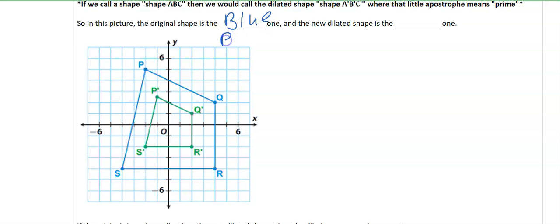So the PQRS. And then our new dilated shape would be the one in green, which is P prime, Q prime, R prime, and S prime.